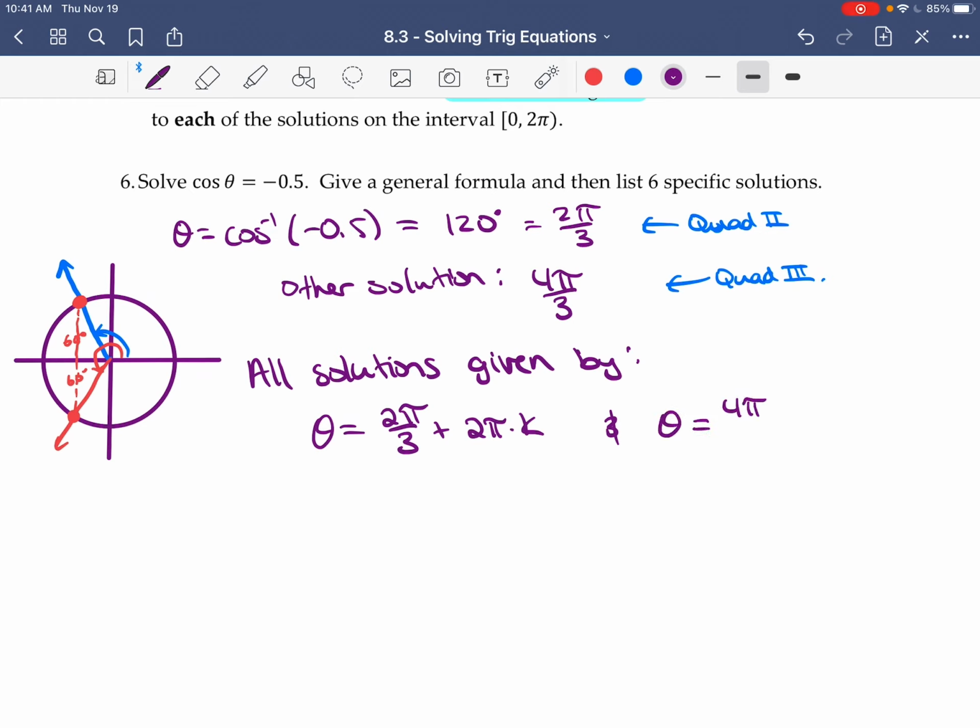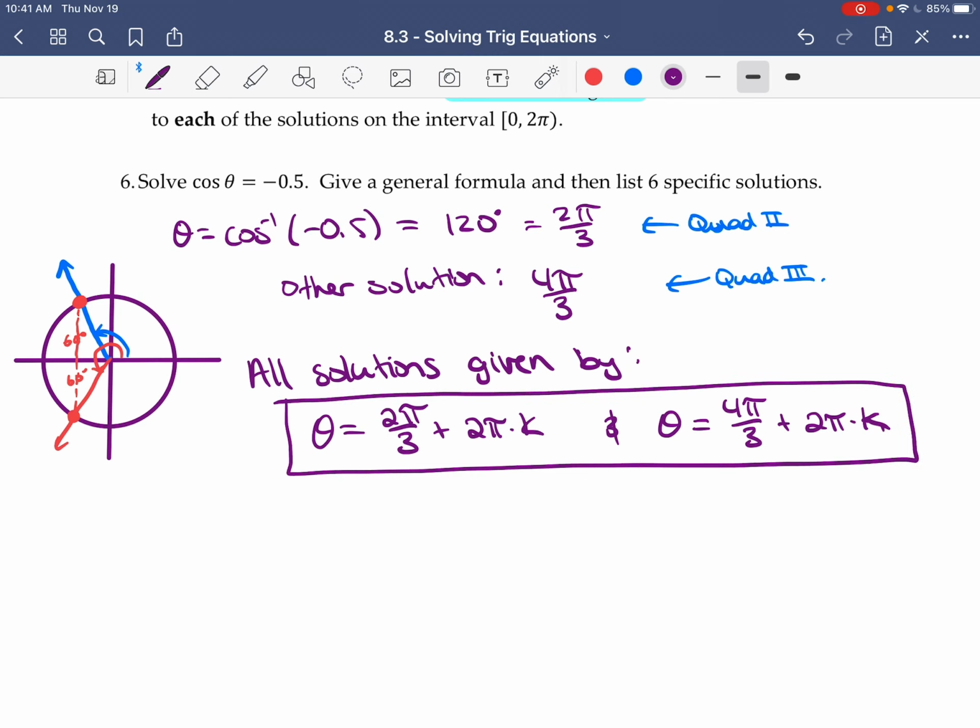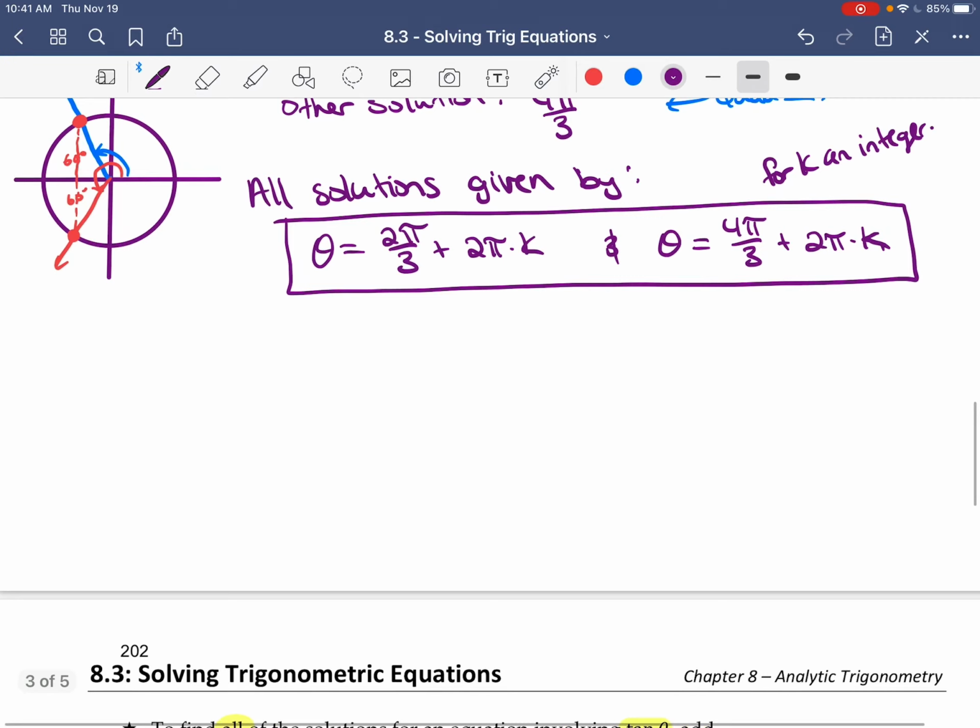And then we also want all the angles that are coterminal to 4 pi by 3. Okay, so that would be our general form. This is for k an integer, so any integer. And now 6 specific solutions.